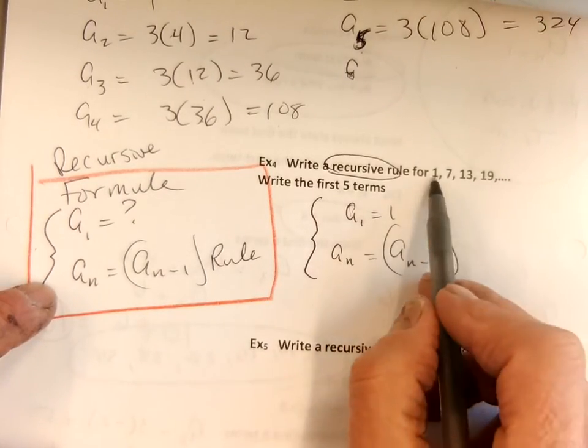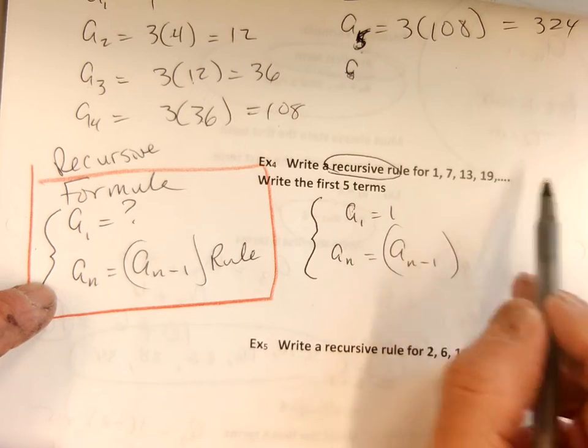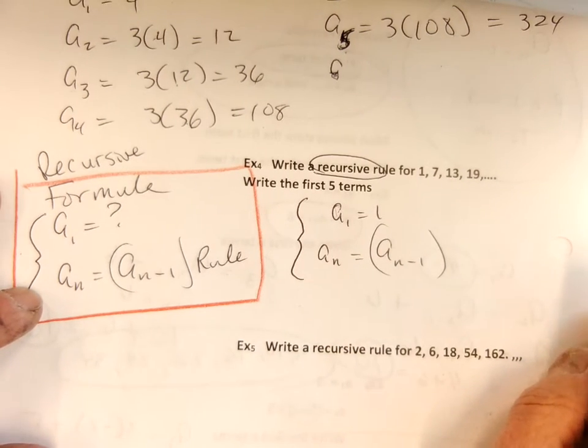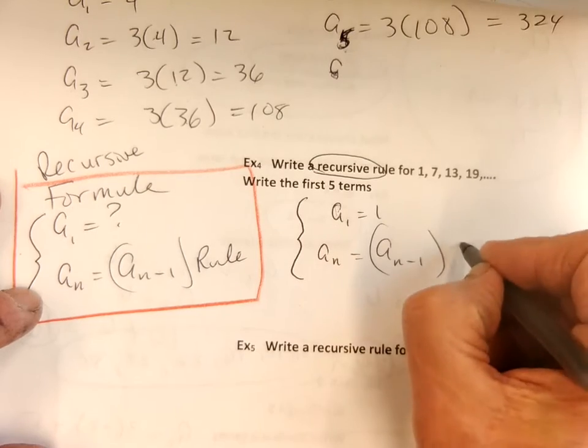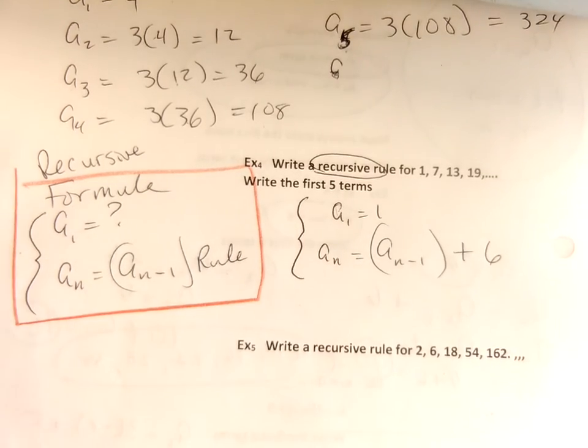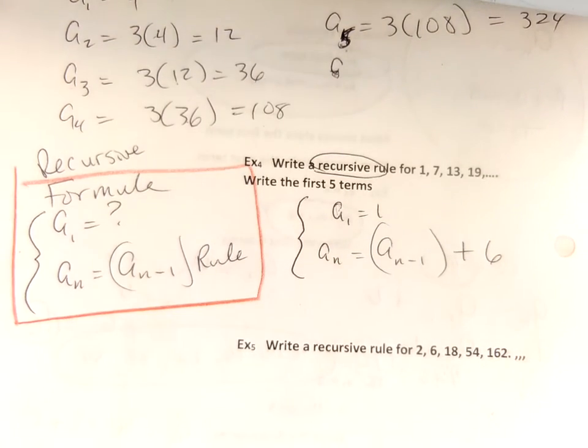What's going on from here to here to here? So we're just adding 6, aren't we? That's my rule. So it's easier to understand, but it's not as useful. Just saying, take the previous term, add 6. Just keep adding 6, keep adding 6. That's really what's going on, right? Thumbs up on that?